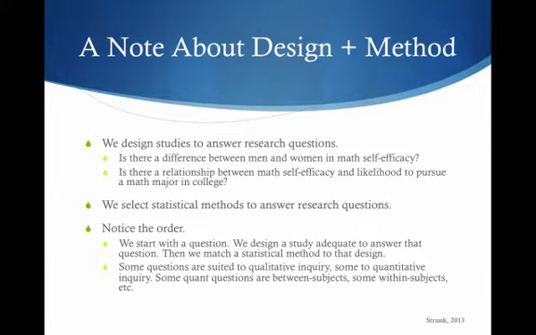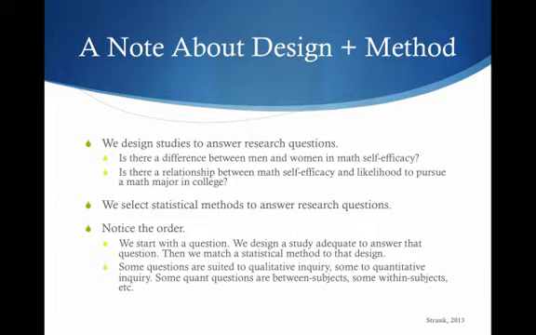I do want to make a note, because we're going to move away a little bit from the idea of research design and start talking about methodology. We design studies to answer research questions, and then we select the statistical method to match our research design, right?